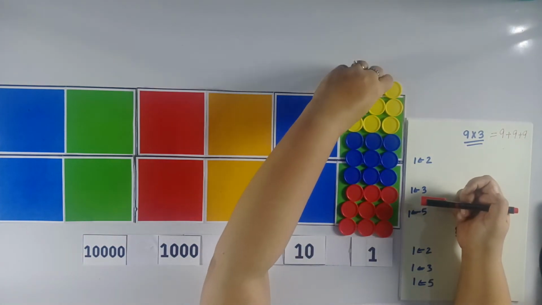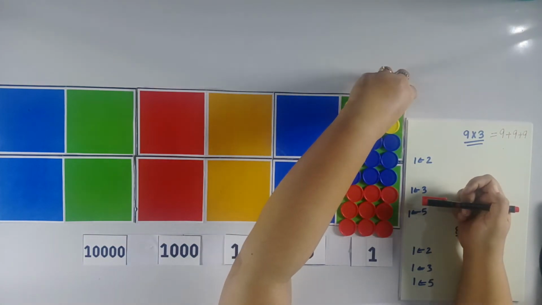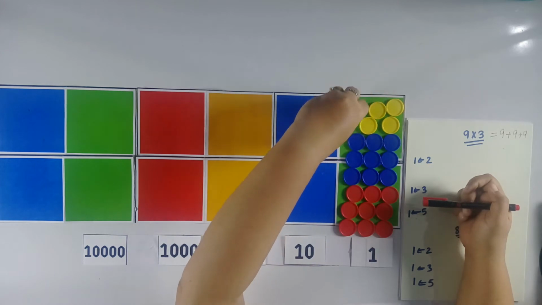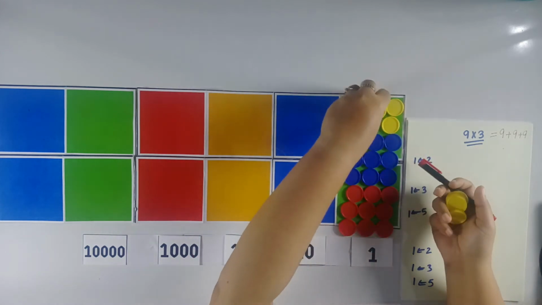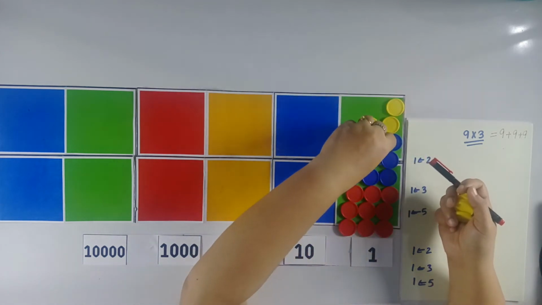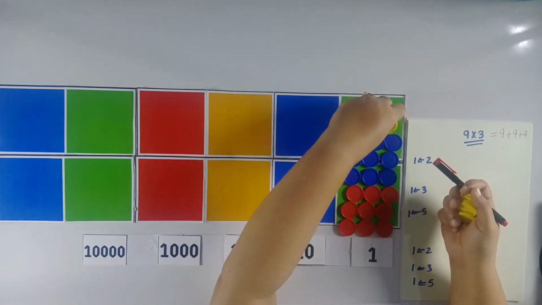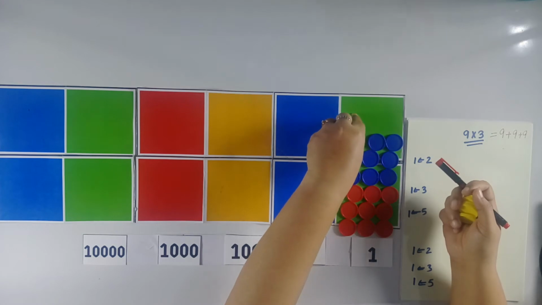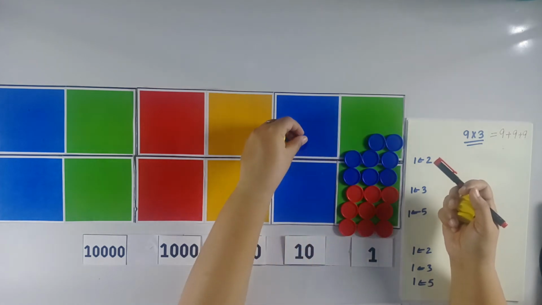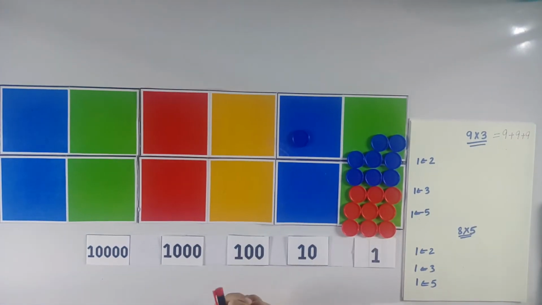So what should I do? 1 2 3 4 5 6 7 8 9 and 10, and when these 10 are gone, I can keep 1 here.